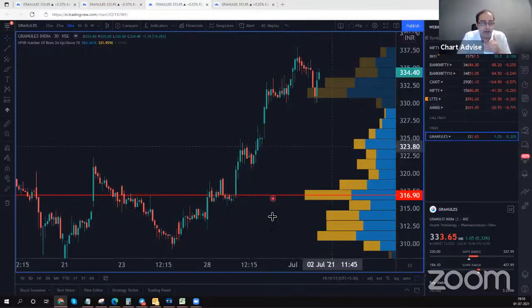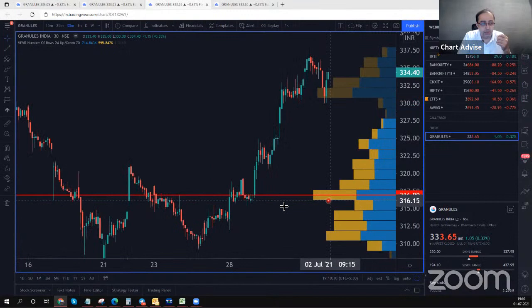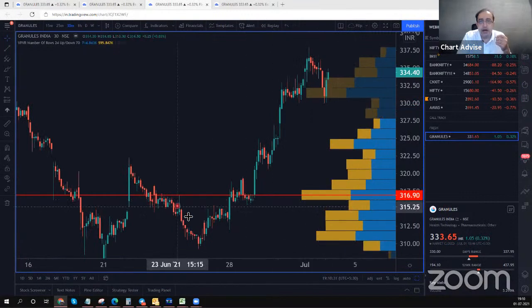If you take a look at the charts of Granules, you can see that at the bottom level there were sufficient volume bars. The volume bars are tall around this lower end, and as the volume built up, there is some position happening here.